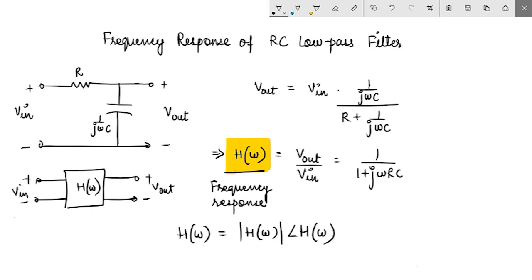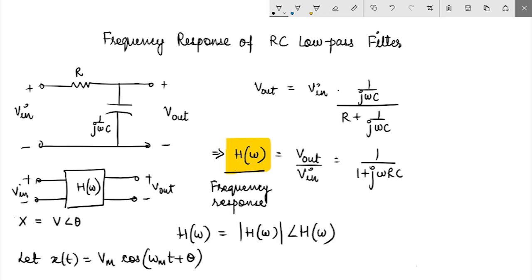Okay. In other words, let there be an input x of t, which is sinusoidal. So it's, say, Vm cos of omega m t plus theta. So it has an amplitude Vm and a frequency omega m. If I wanted to write the phasor representation of x of t, say I call it capital X, that would be some capital V, which is the RMS value of the signal, and say angle is theta.